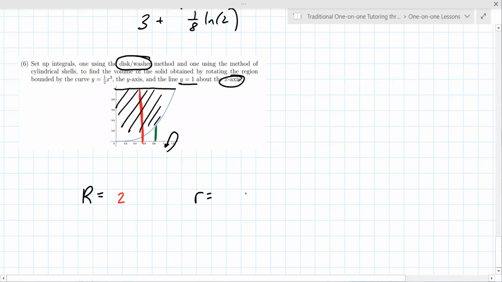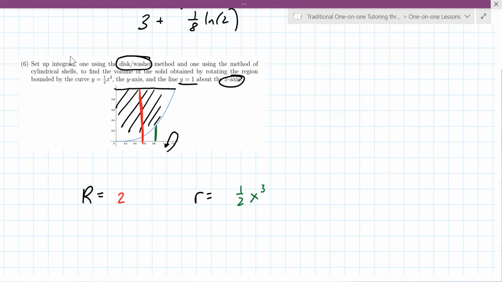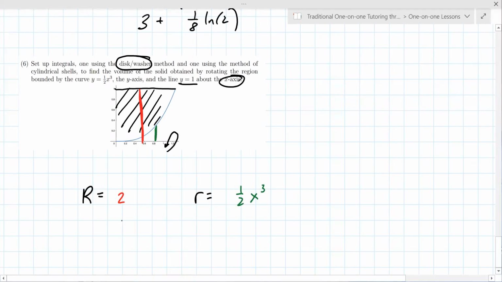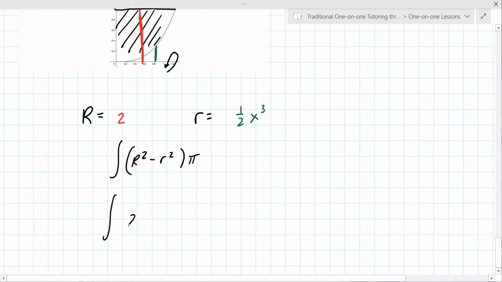It's the green. So that's the 1/2 x cubed. The disk washer method here is the integral of big R squared minus little r squared, with a pi. So in this case, it's integral 2 squared minus 1/2 x cubed squared. I'll put the pi out in front.